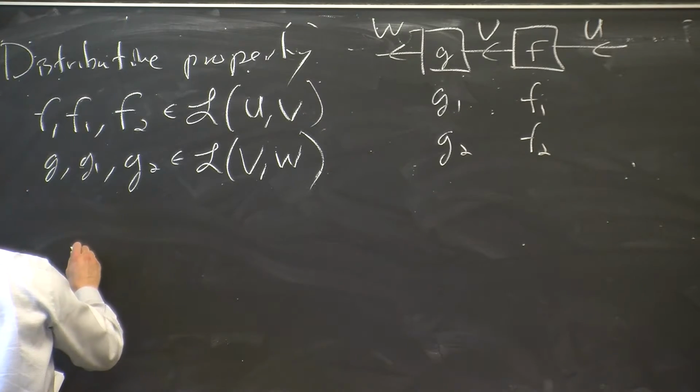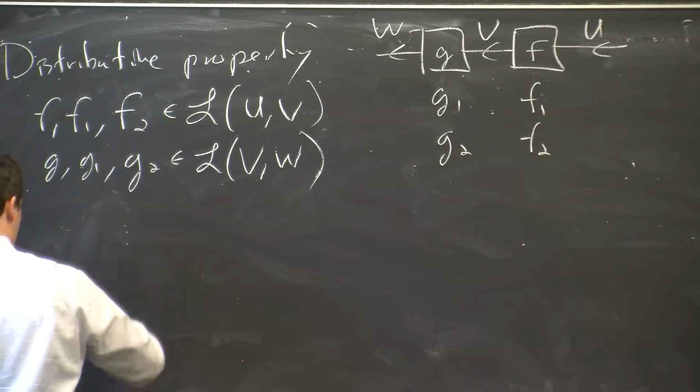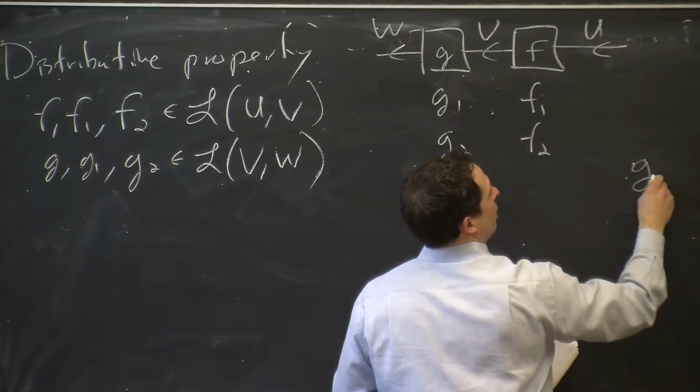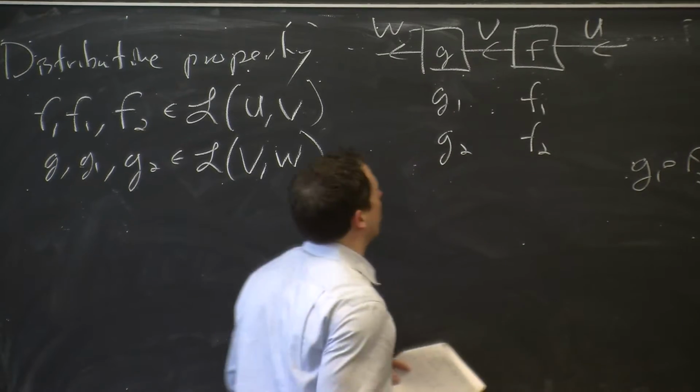Then it's true that we can form compositions like G composed with F or G1 composed with F2 or whatever, right?